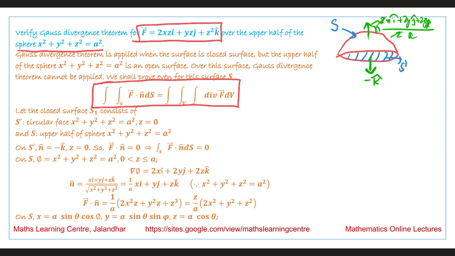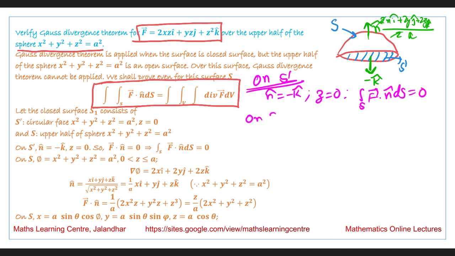On the surface S dash, we have n cap equal to minus k cap, and z is equal to 0. So the integration over S dash of f vector dot n cap ds is equal to 0.